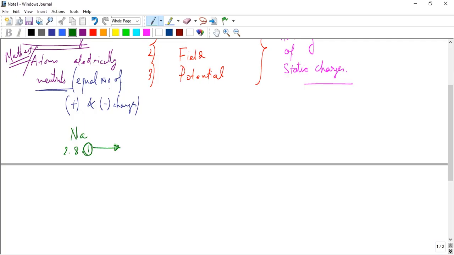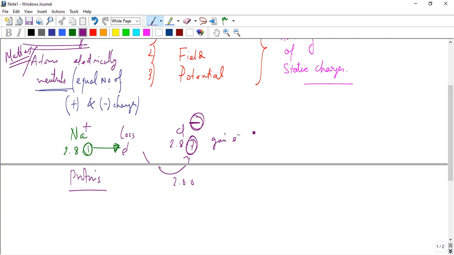Losing one electron is very easy, so loss of an electron gives a positive charge, meaning protons dominate. Chlorine, with configuration 2, 8, 7, needs one electron to stabilize as 2, 8, 8, so chlorine gains a negative charge. So an electron is negative, and losing an electron makes it positive. The main significance is the loss or gain of electrons.